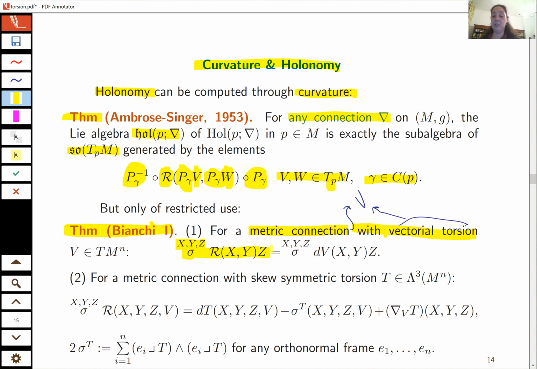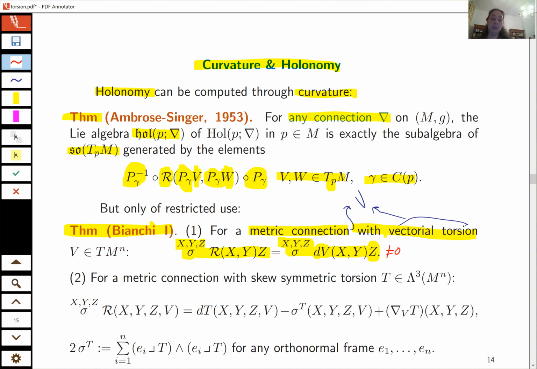You take the vector field, turn it into a one-form, then you take the differential, this is a two-form, evaluate this two-form on X and Y, multiply with the vector field Z to get a vector field, and then again take the cyclic permutation of these. And this is in general not zero. So we get the first Bianchi identity for a metric connection coming from a vector field, which incorporates that vector field.